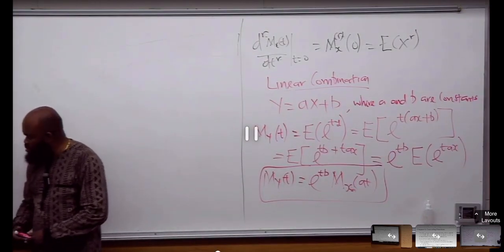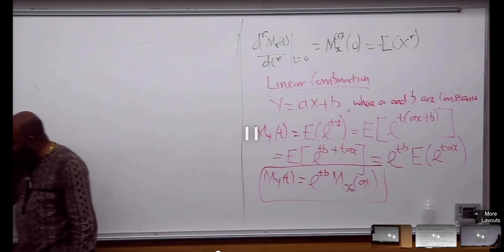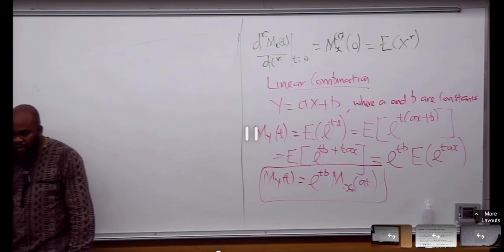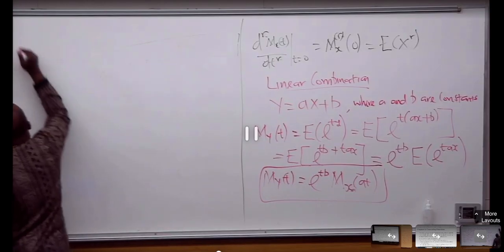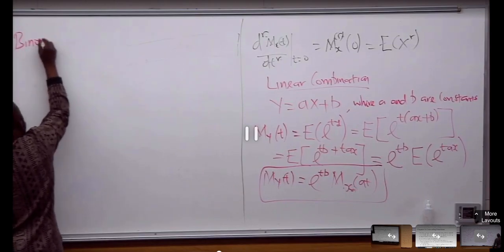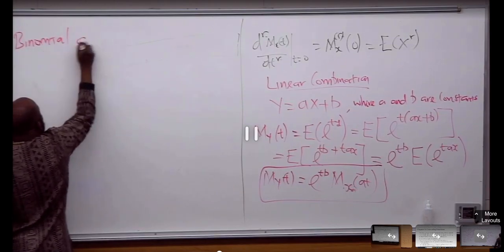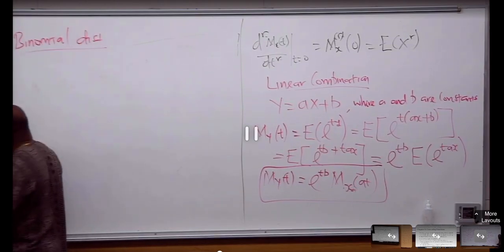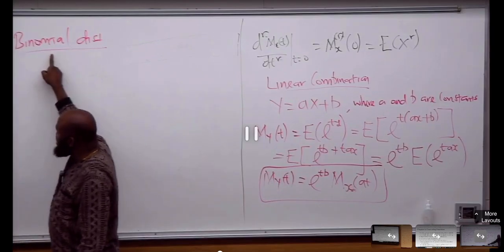Now, I know the moment generating function of Bernoulli. I want to derive the moment generating function for binomial. And why do I want to derive it? Don't forget, binomial is a generalization of Bernoulli.